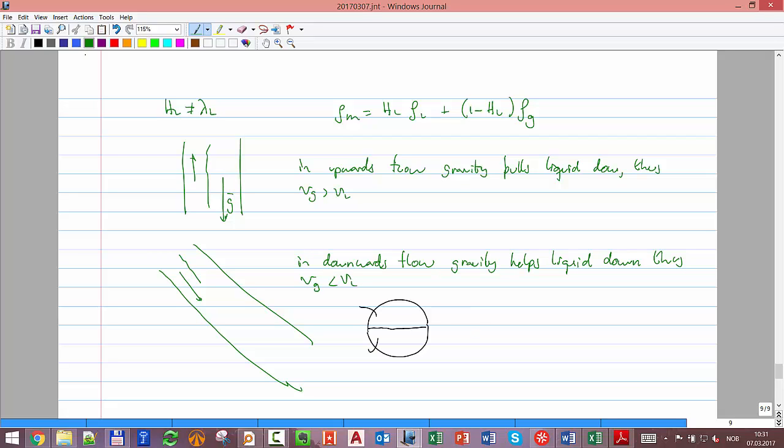And then if we see the cross section, the liquid will be maybe down here and the gas will be all of that. And you will have a different holdup.